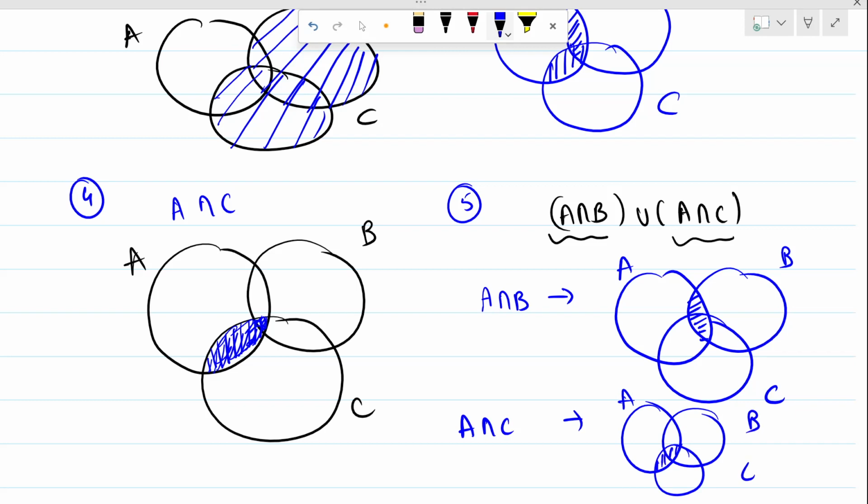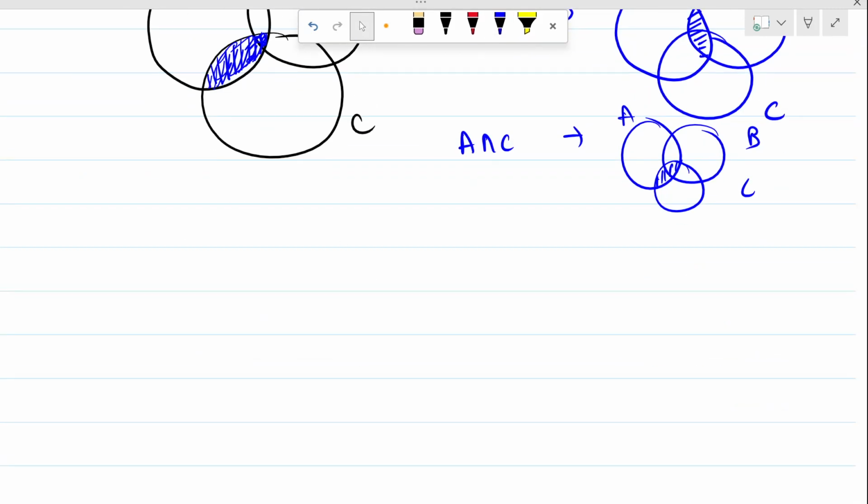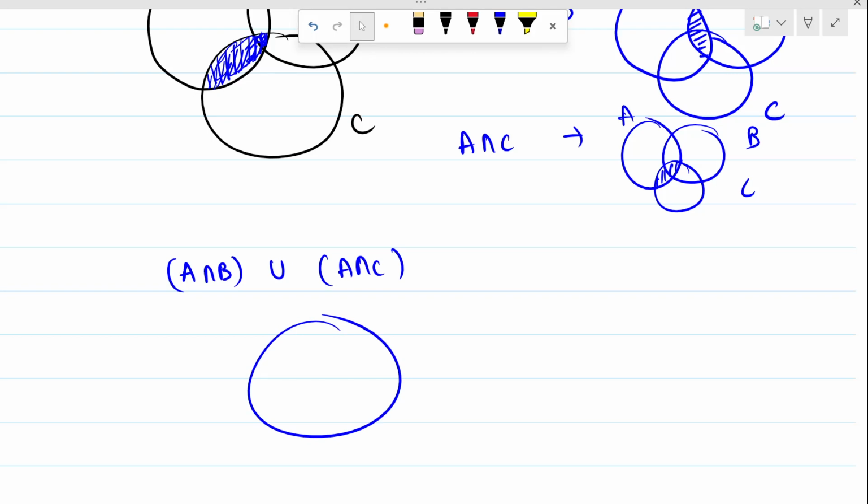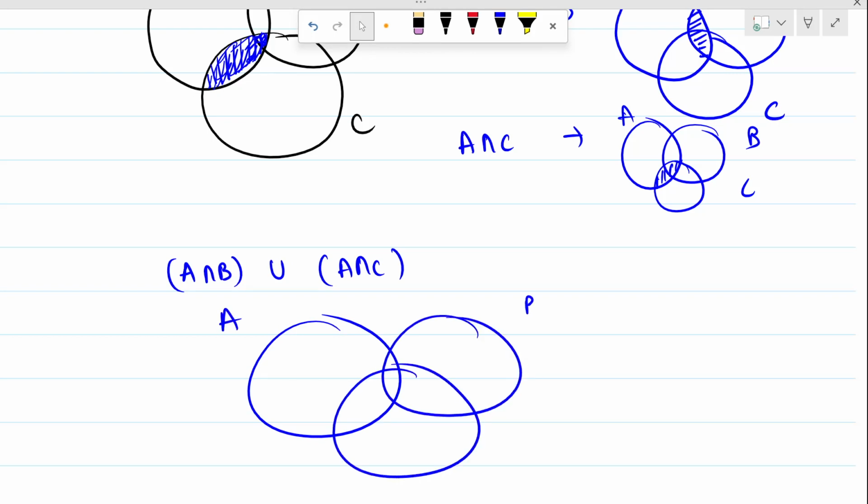Then the union will contain A intersection B union A intersection C, which will contain all the elements of A intersection B and A intersection C.